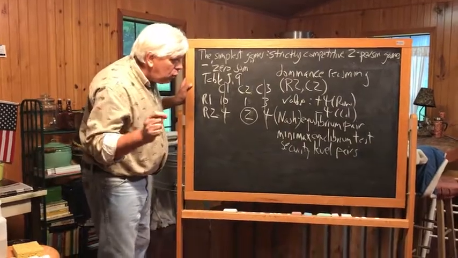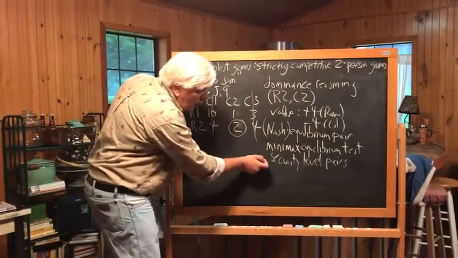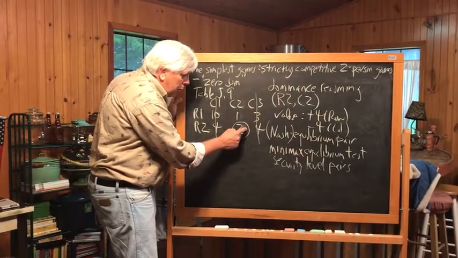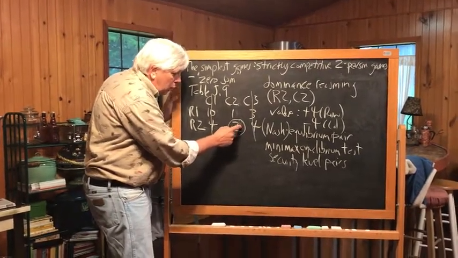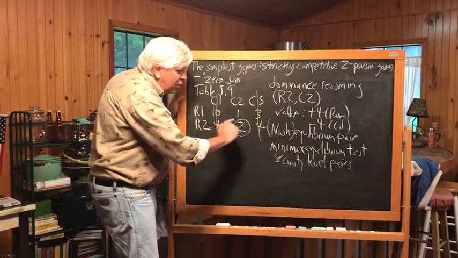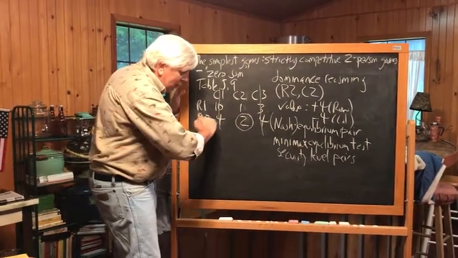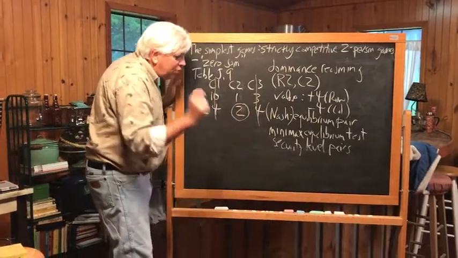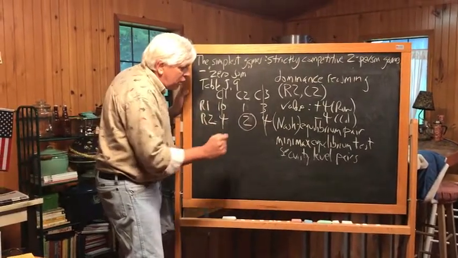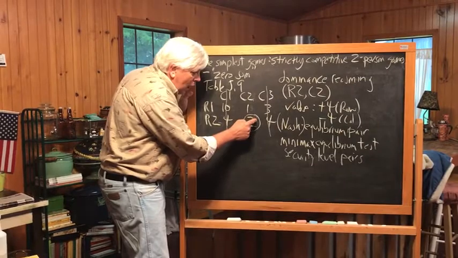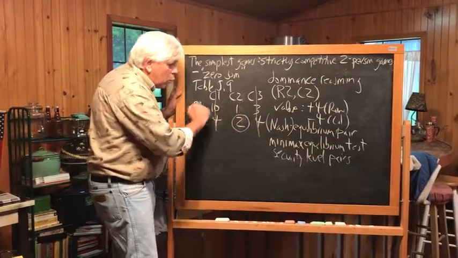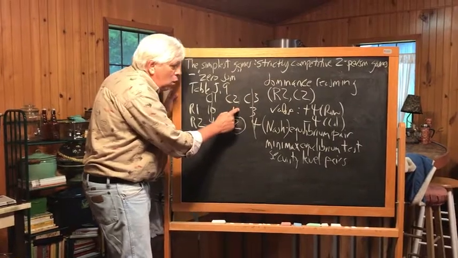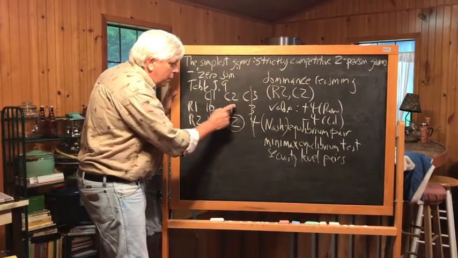One more point and then we'll wrap up. Security level pairs. Notice that this particular point right here is Rho's security level. Look at this particular row, R2, and notice that the worst Rho can do by choosing R2 is an outcome of +2. Whereas the worst Rho could do by choosing R1 is an outcome as low as +1.